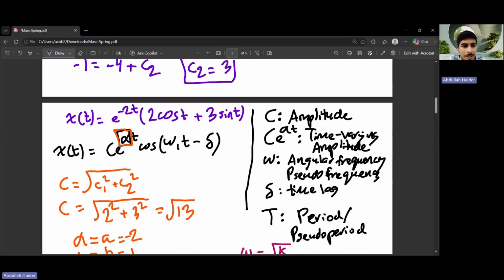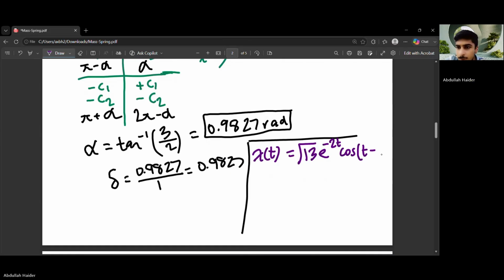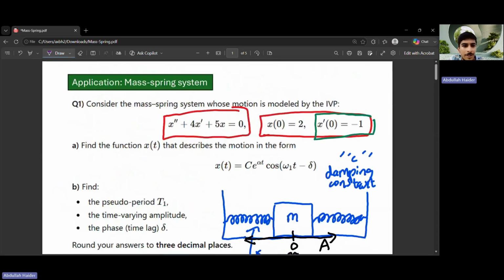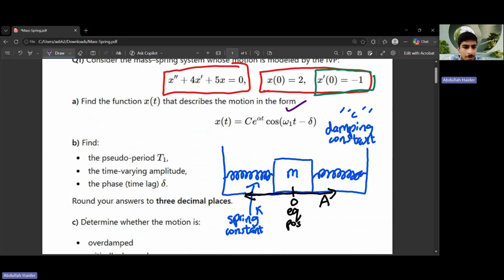So you have radical 13 e to the power minus 2t cosine of 1t minus the time lag, which is 0.9827. That is your final answer. We have solved this part A.